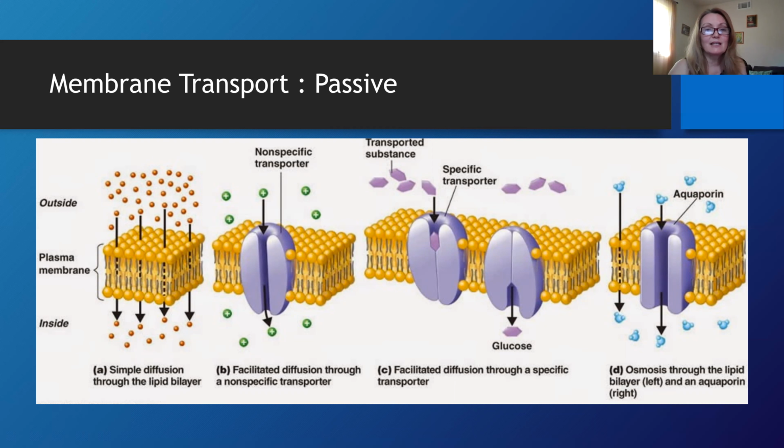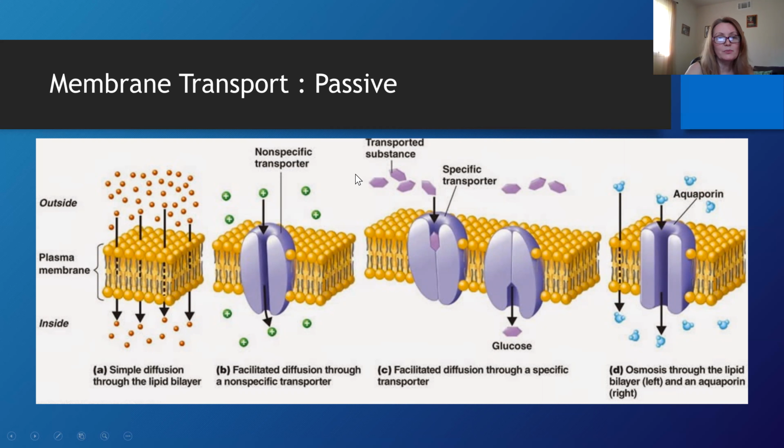So because every single cell has a membrane, and the membrane forms a barrier between internal and external environment, and we just mentioned that we have this membrane protein that allows transport, right? So now we're going to look at what kind of transport can be achieved through a cell membrane.